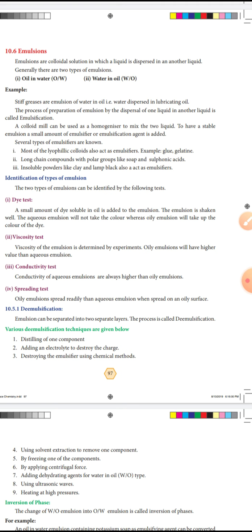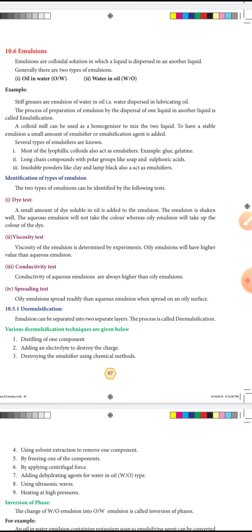Soap and sulfonic acid are used as emulsifiers. The third type: insoluble powders like clay and lamp black also act as emulsifiers. Insoluble powders cannot dissolve.